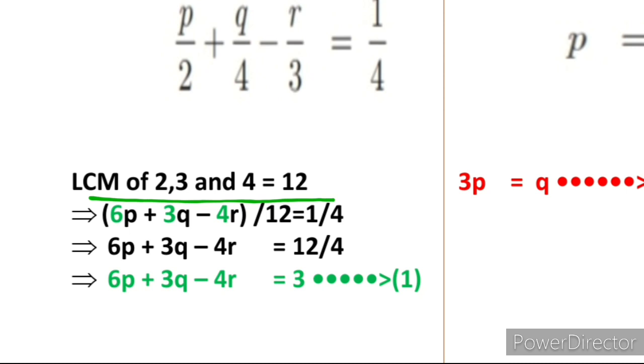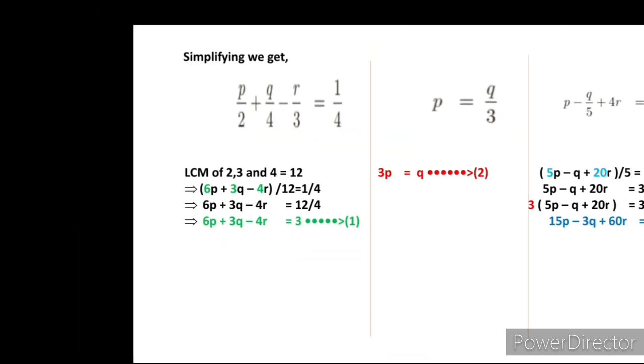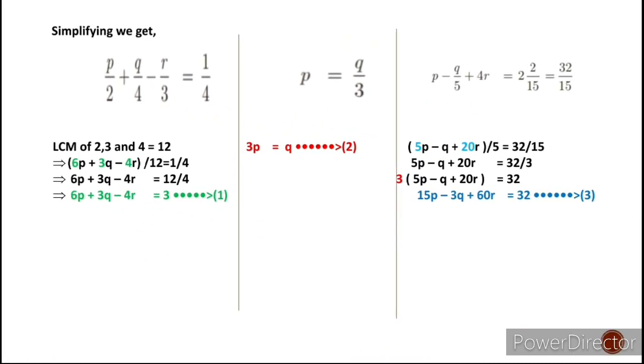Now we have to change the equation p by 2 plus q by 4 minus r by 3 is equal to 1 by 4. How can we change this? First I take the LCM 12 in the denominator. Then I take the first term, p by 2. The denominator is 2.